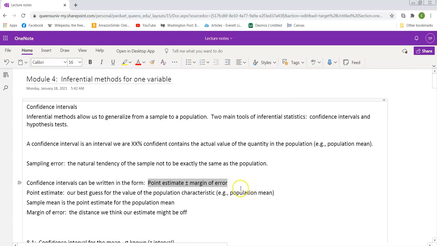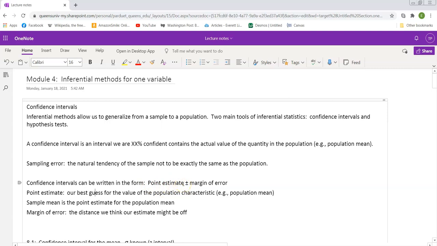And so the two parts of this formula: the point estimate, which is our best guess for the thing in the population we're trying to estimate. For today, we're looking at the population mean. So our point estimate, our best guess for the population mean, is going to be the sample mean.